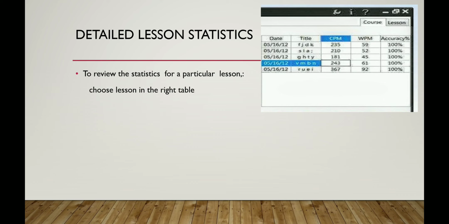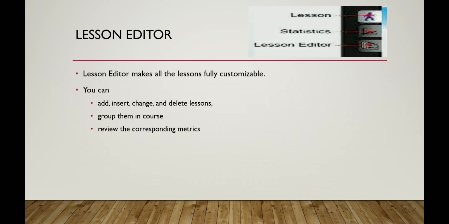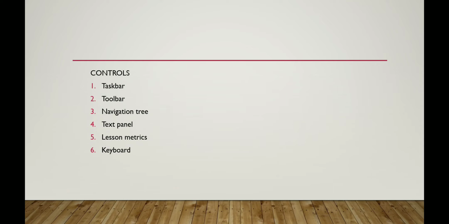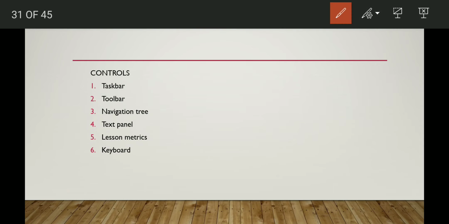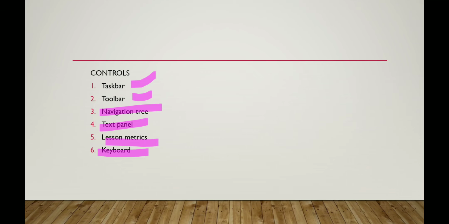Using lesson editor, you can make all the lessons fully customizable. You can add, insert, change, delete lessons, group them, and review the corresponding metrics. Now we have studied everything: what is taskbar, what is toolbar, what is navigation tree, what is text panel, what is lesson metrics, what is keyboard, right?